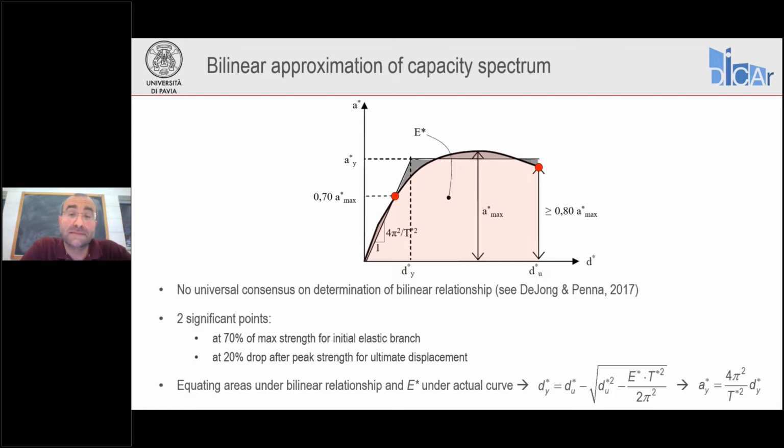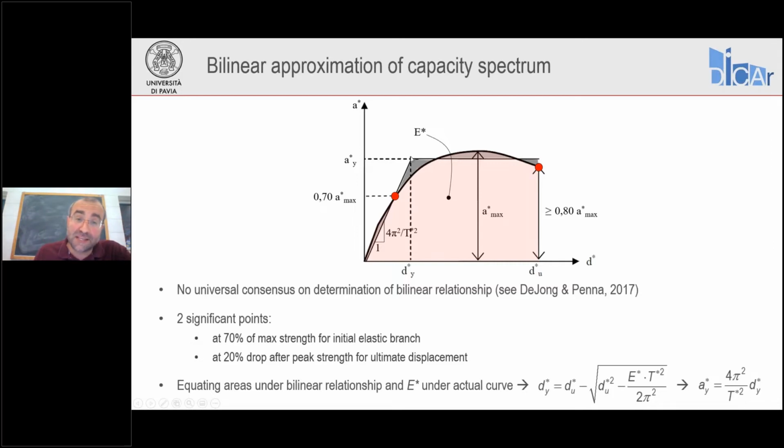The other point is the one that we record after the peak, after reaching A star max, as we start losing strength, specifically when we lose 20% of the strength, so when the residual is 80% of A star max. You see these two red dots on the curve are our two important points.